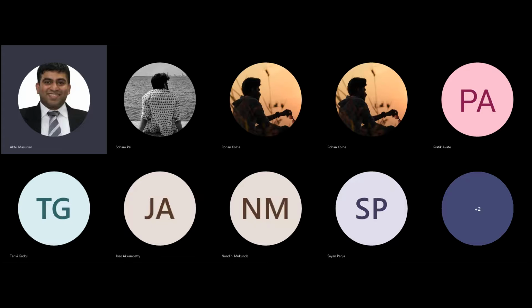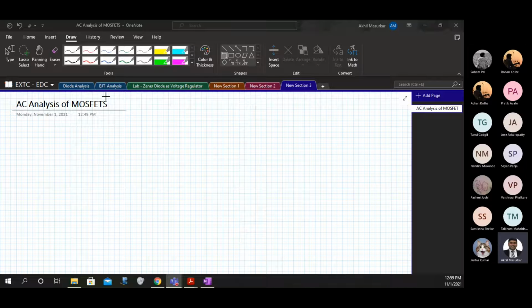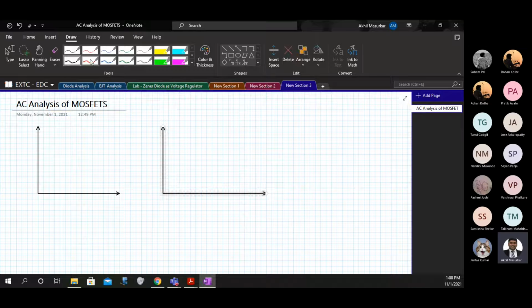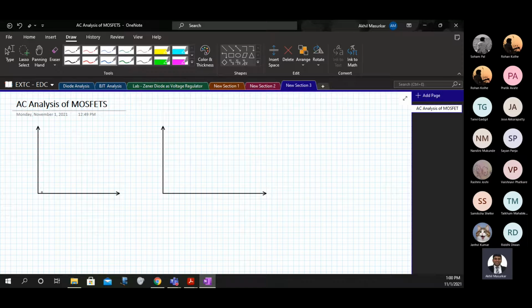Majorly last time we saw two characteristics, input characteristics and output characteristics. So if you just recall quickly, this was my input characteristics, and let's say I'm drawing input and output characteristics here.